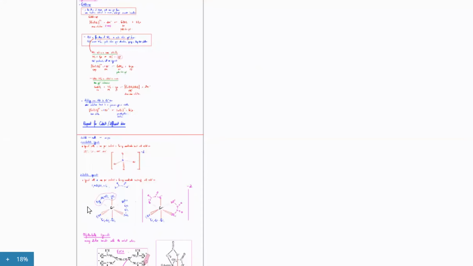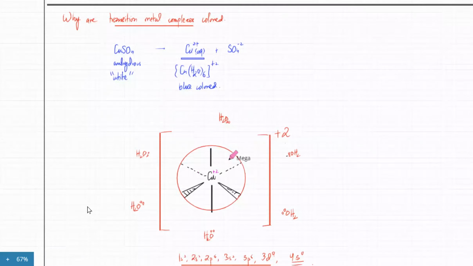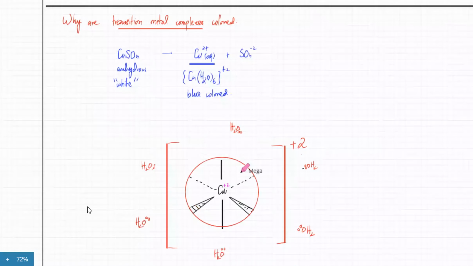So I'm going to draw these overlapping d subshells onto this copper. That means you've got electrons that would be present between the axes.